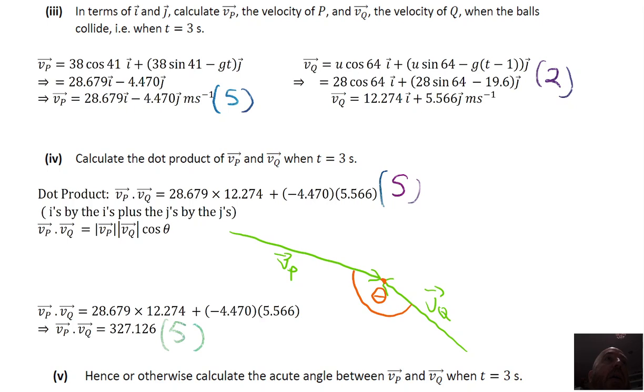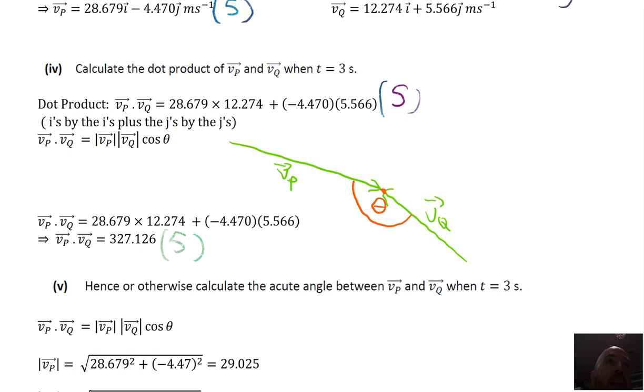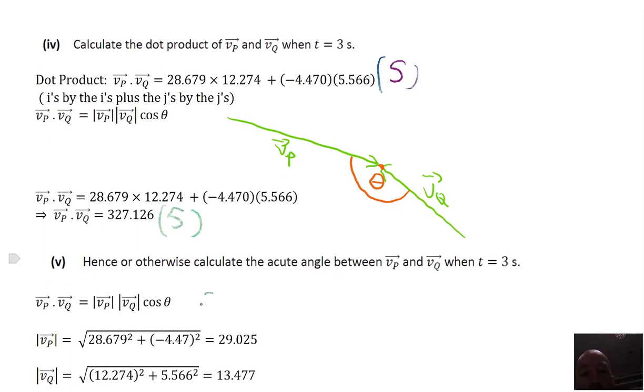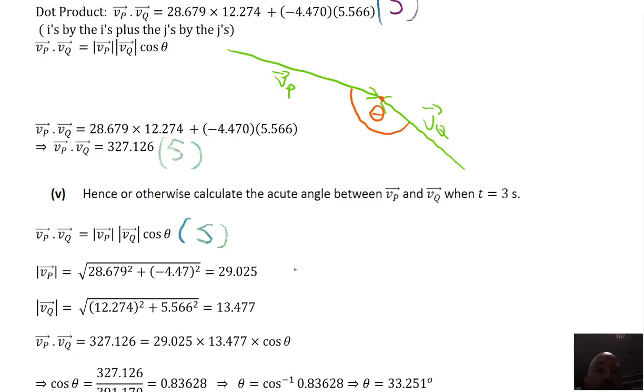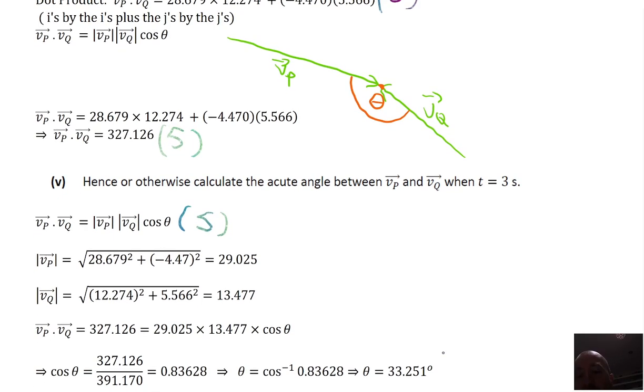I cannot get docked marks again because it's one mistake I made earlier, and this answer is correct if my answer was correct. And then you get 5 marks for writing this down, and 5 marks for getting the answer.